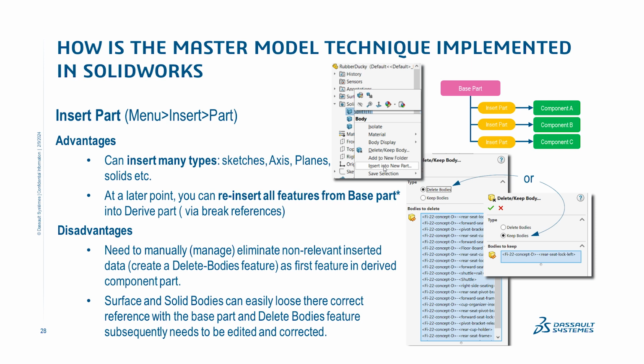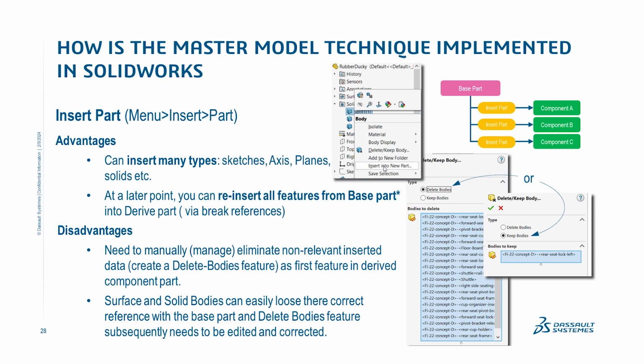And usually it's in the master where you do a combine or subtract or a split or something that is going to lose the body ID. Once you do that and then you come back to the derived part, you'll find a lot of times that the delete bodies feature is in error, and you have to make that correction.